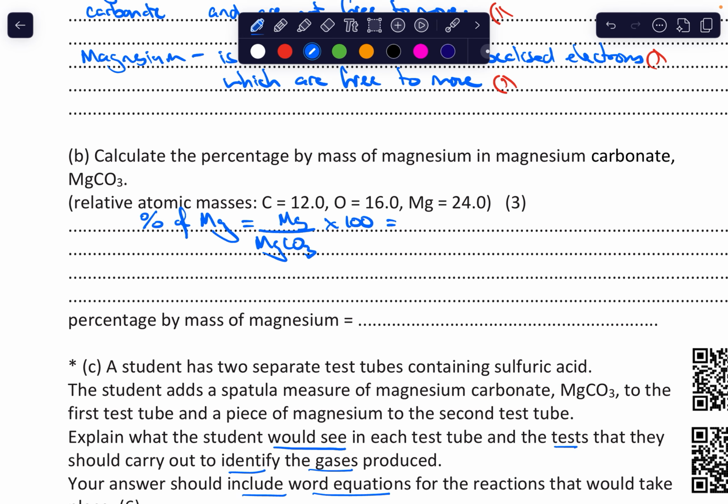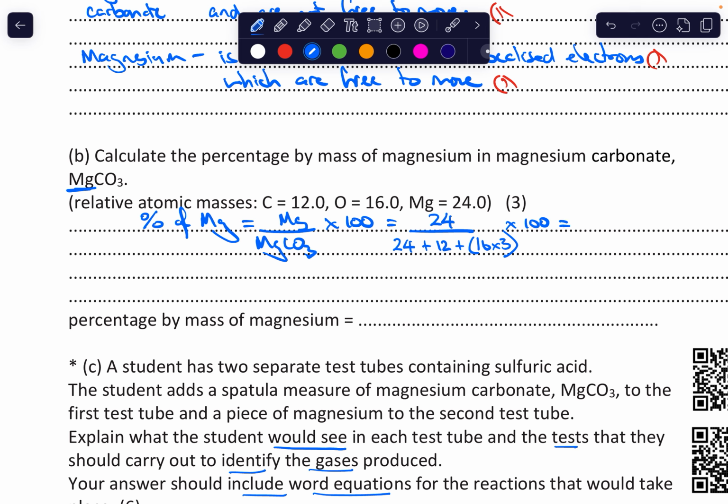In this formula there is 1 magnesium, which has a mass of 24, plus a carbon, which is 12, plus oxygen, which is 16, but there are 3 of them.